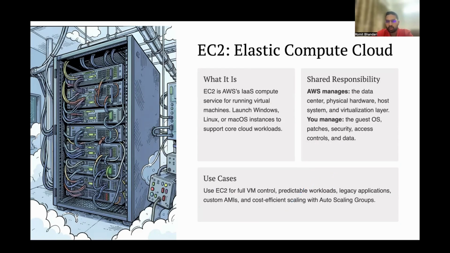in totality. Elastic Compute Cloud is the full form, and the idea is that it is actually infrastructure as a service, and what you can infer from that is it's a shared responsibility between AWS and you. That's how this is architected: the data center, physical hardware, etc., will be managed by AWS, and you would manage the guest OS, patching, security.